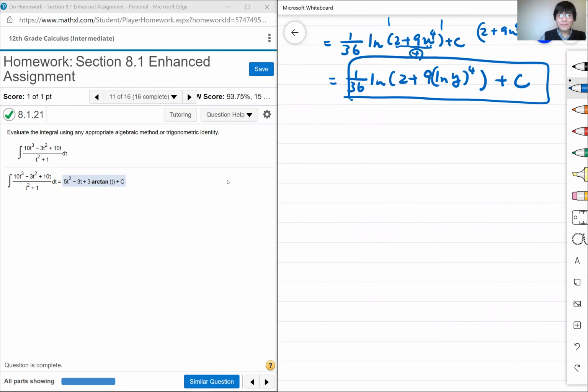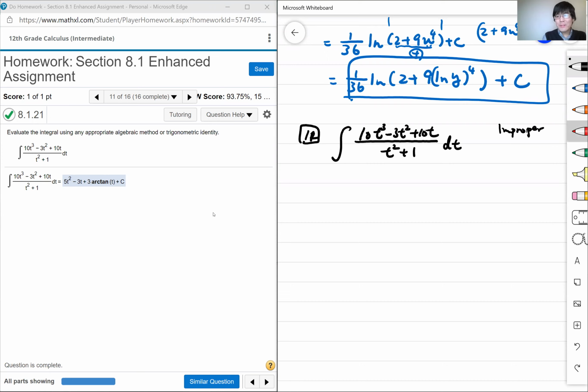Okay, number 11. So that's a rational expression. We hope the derivative of the denominator is the numerator, but clearly not. And it's impossible because it's an improper fraction.